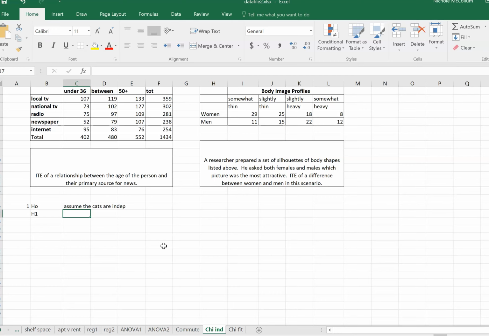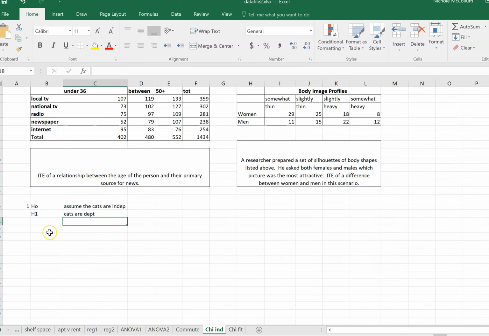I'm going to assume that's independent until I show in my alternative that the categories are dependent. So how do I do that? I must run a chi-squared test for independence.